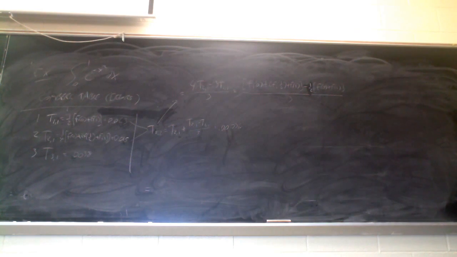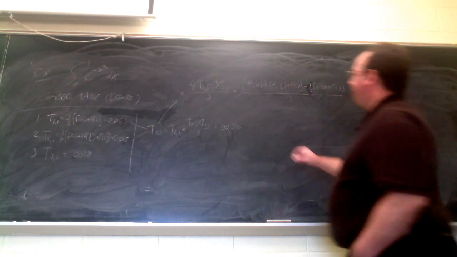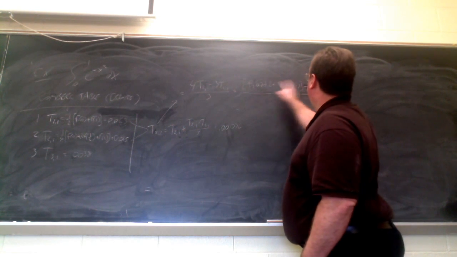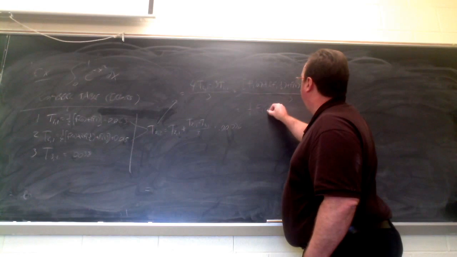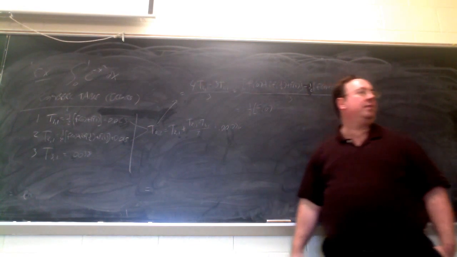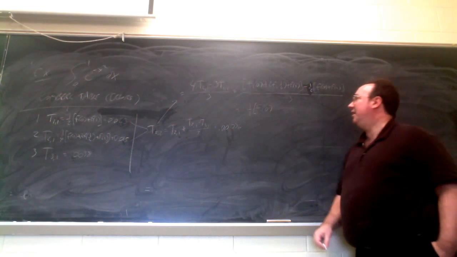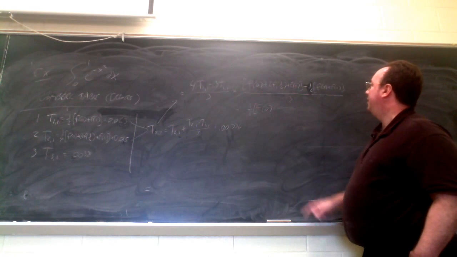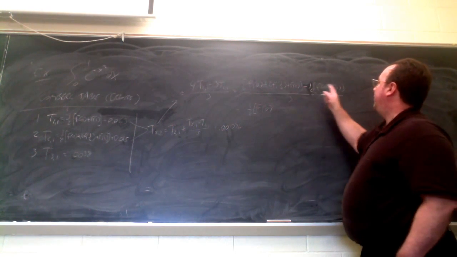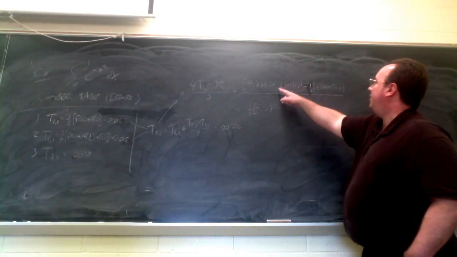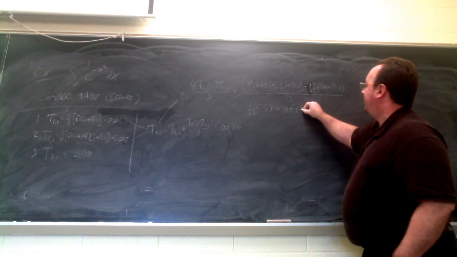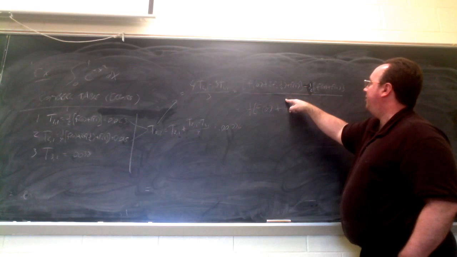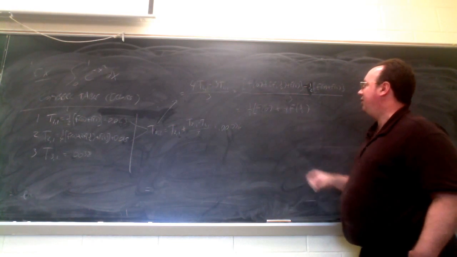Okay. Now if I simplify this, I'd have 1/6 f of 0. And then I have 4 f of 1/2, because I have 2/3 f of 1/2, but that's 4 over 6.